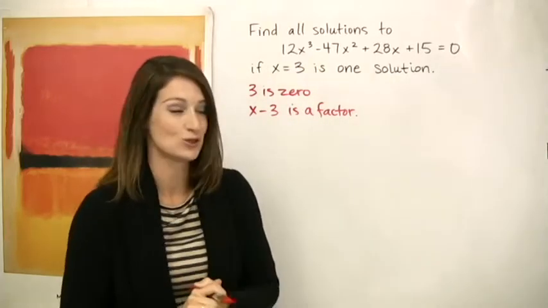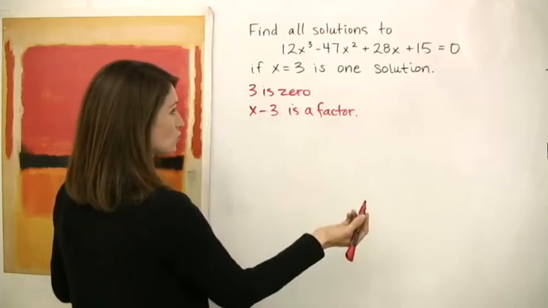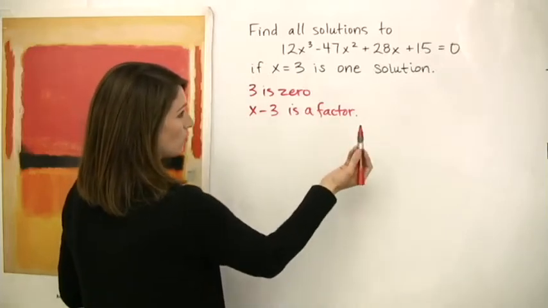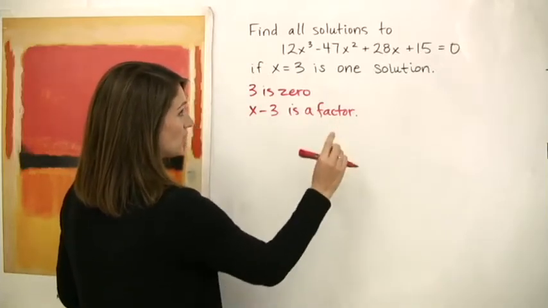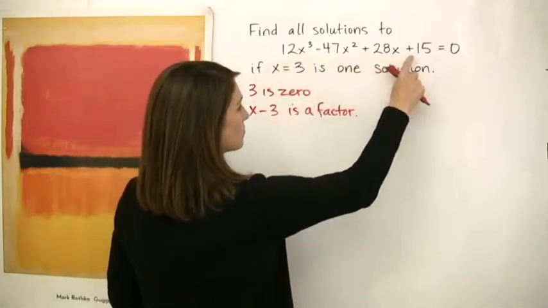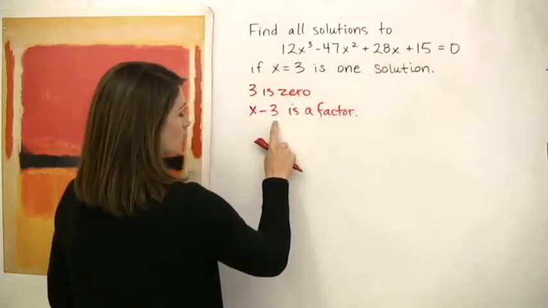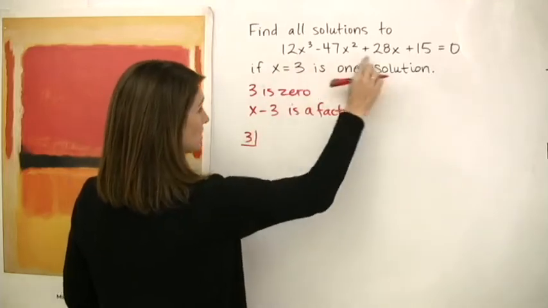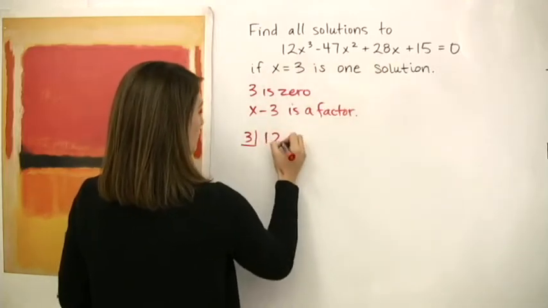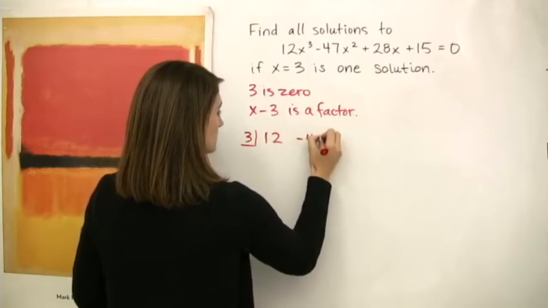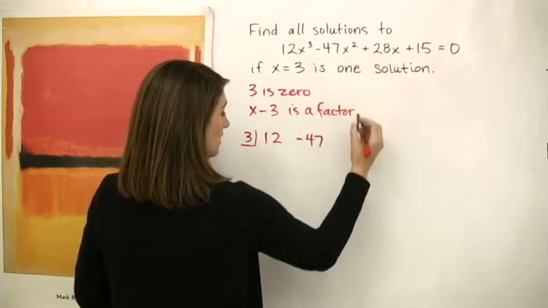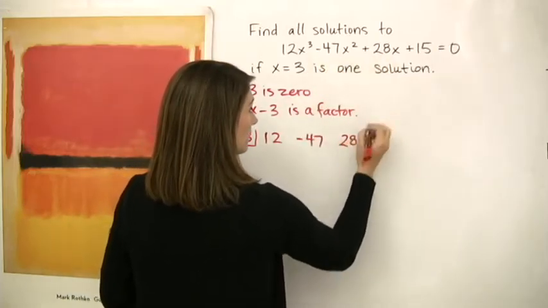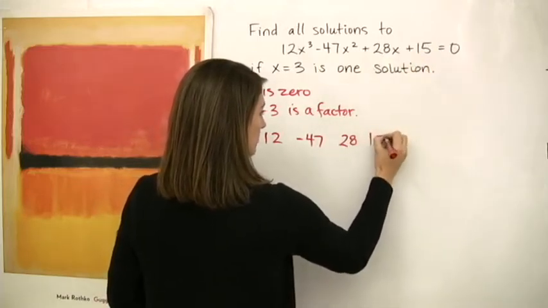So we can divide this polynomial by this factor in order to start to simplify and find our other solutions. So let's use our short form for long division for polynomials. We'll use synthetic division in order to divide this polynomial here by x minus 3. So let's start with 3 in the corner and then bring down our coefficients. We have 12 and negative 47 from this term, and then 28 and 15.